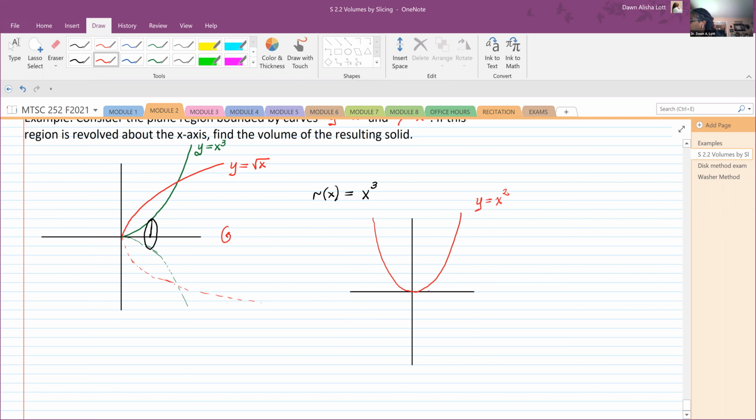So if I'm at 1, what is the height of this function? What is that value? You said at the height. Yep. What is this?